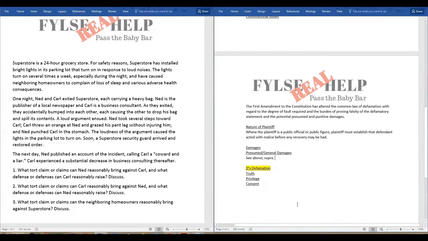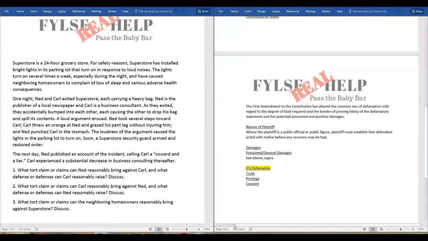So now we're going to get into our common law privileges and defenses. Here we have truth. We know that a majority of jurisdictions regard proof that the defamatory message was true as a complete defense, even though there are some minority jurisdictions that say, depending on whether there was malice or not, that could change the outcome. But we want to stick with common law and the modern majority.